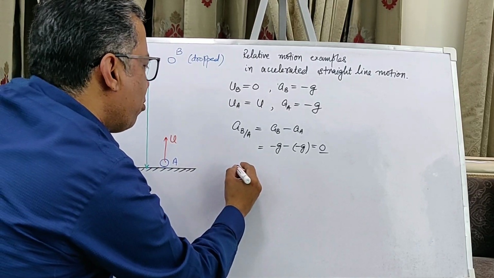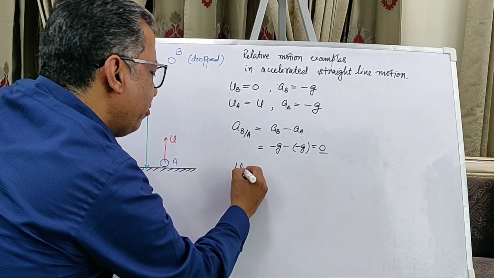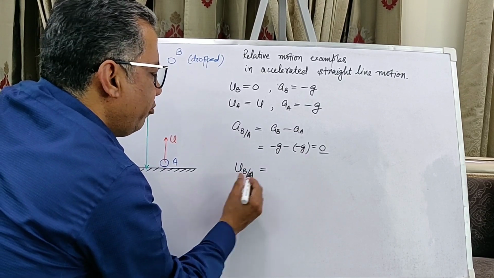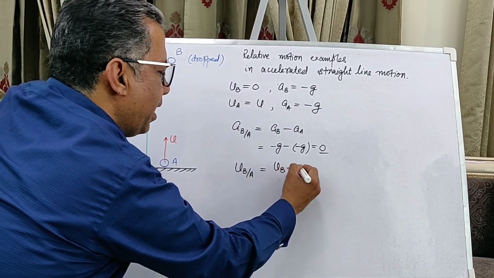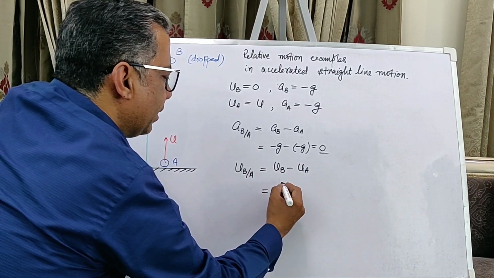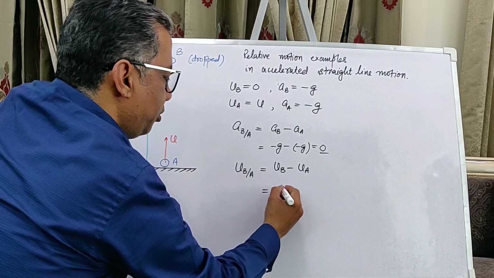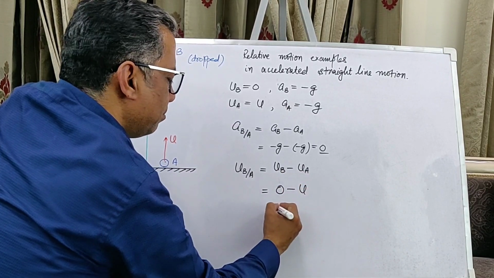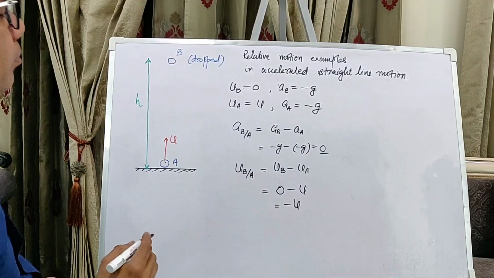Also, what about the velocities? What is the initial velocity of B with respect to A? This will be initial velocity of B minus the initial velocity of A, and that is 0 minus u, and that's minus u.